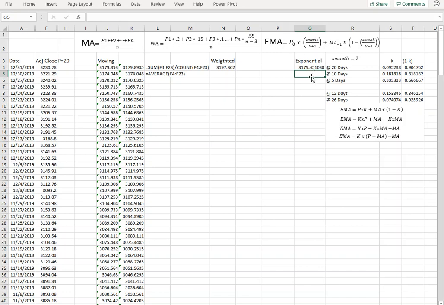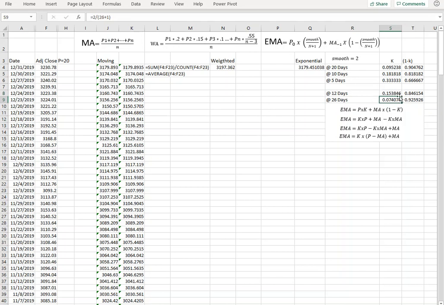So how does this K value affect the weighting of the exponential? Well, as you guys will recall from when we calculate MACD, we use the 12 and 26. And so what we're saying is, what's the exponential moving average over 12 days versus 26? And when we have that break, we see either buy signals or sell signals. So when we use a 12-day, we have a K value of 0.15, which is placing much more emphasis on the most recent price versus the 26-day.